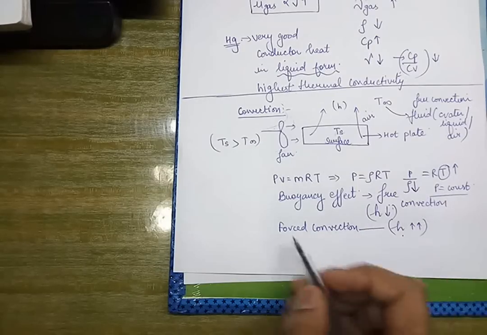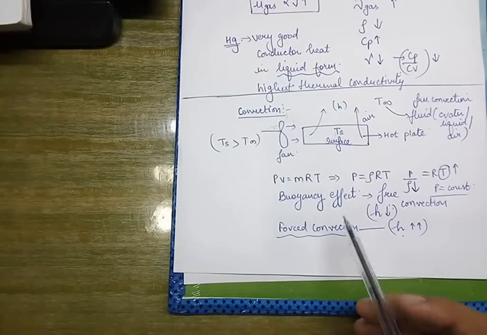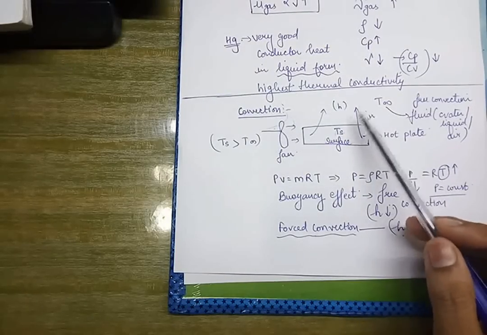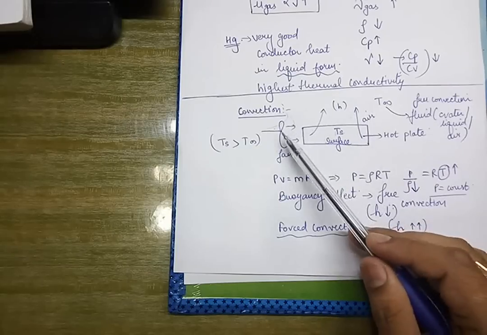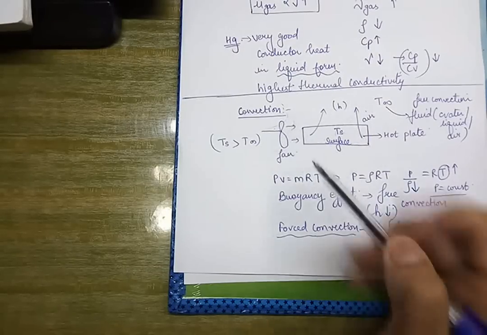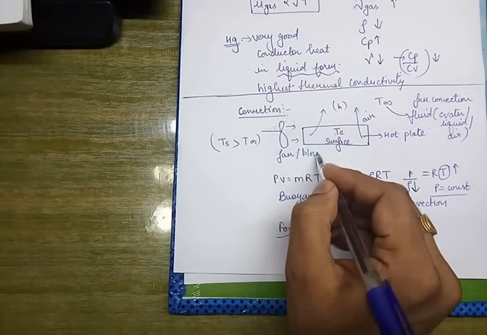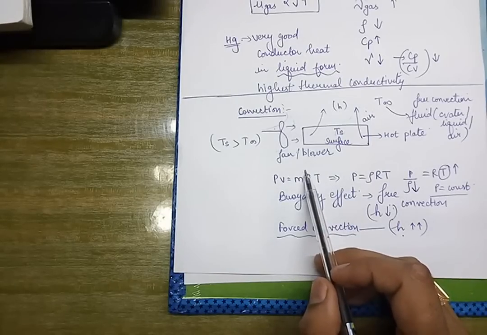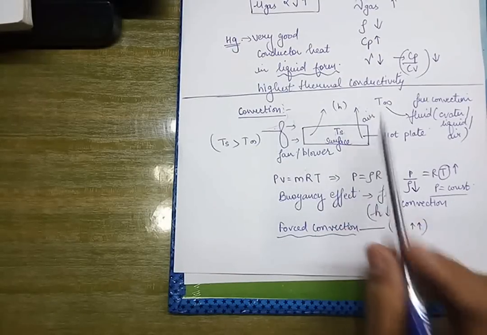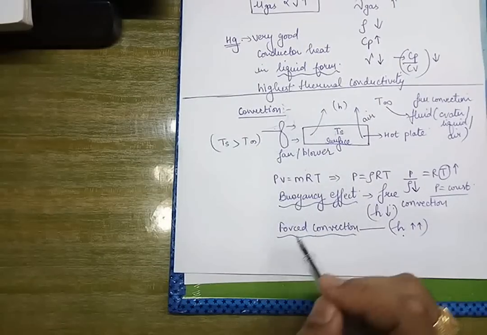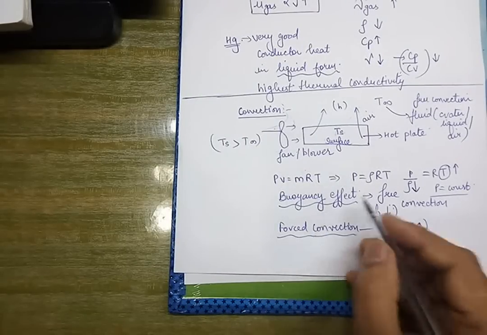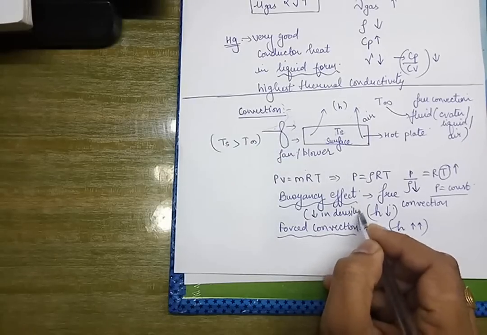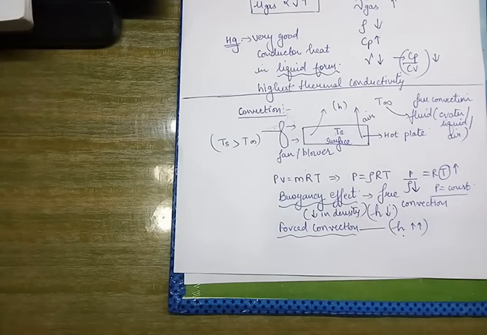In forced convection also there is a motion of the fluid, but this motion is supported by an external agency, that is a fan or a blower. Whereas in free convection heat transfer, the motion of the fluid occurs because of the buoyancy effect, which arises due to the decrease in density.